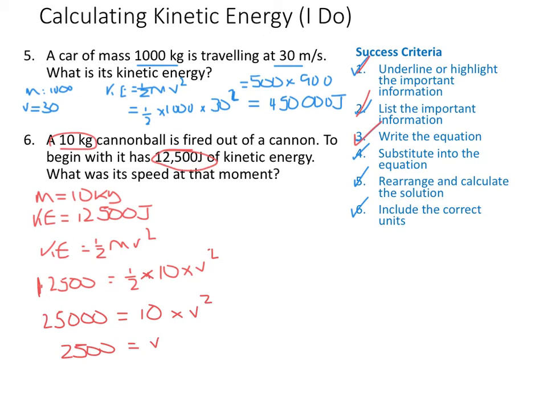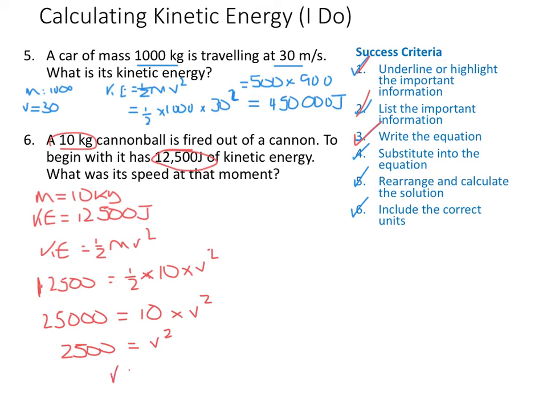As you know from your maths lessons, to get rid of the squared here, we need to do the square root of both sides. So taking the square root of v squared is going to give me v. Taking the square root of this, well, we need to find out what that is, and I had to use a calculator for that.